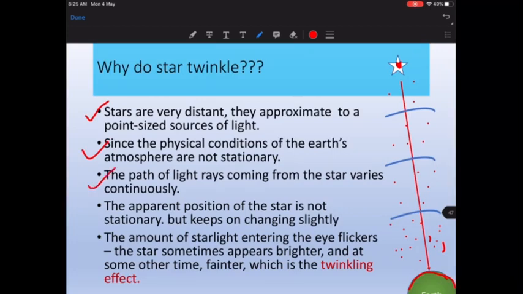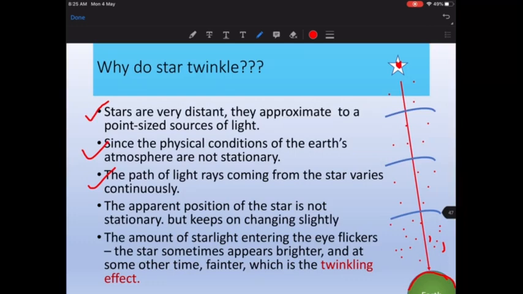So the path of the light coming from the stars also varies. For example, suppose you light a fire. I gave you the example the other day. When you light a fire and look through that atmosphere, and right opposite to you your friend is sitting, what do you see?